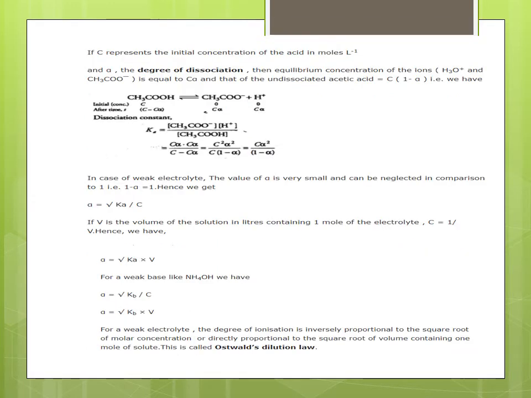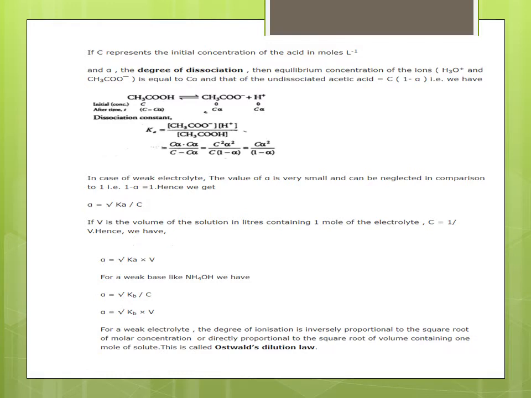If C represents the initial concentration of the acid in mole per liter and alpha the degree of dissociation, then the equilibrium concentration of the ions H3O positive and CH3COO negative is C alpha, and that of the undissociated acetic acid is C into 1 minus alpha.